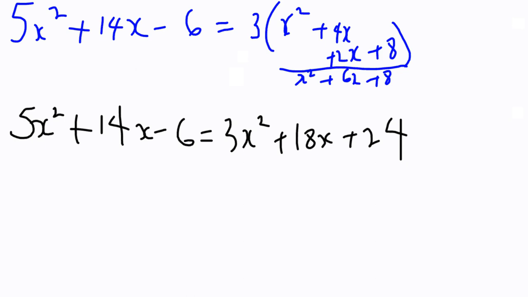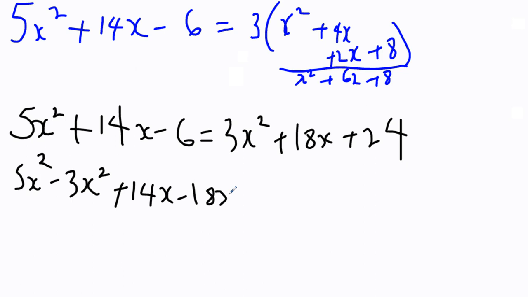Now you can collect like terms to have 5x squared minus 3x squared plus 14x minus 18x minus 6 minus 24, equals 0.